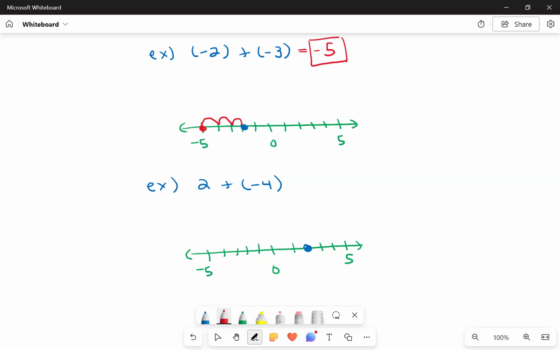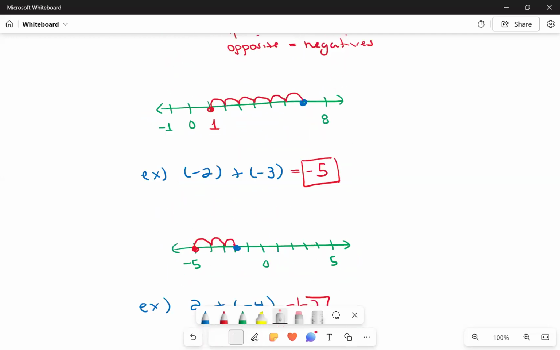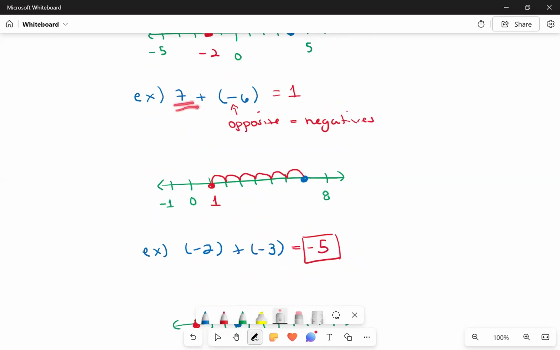So I'm going to go left 4: 1, 2, 3, 4. And that lands me at negative 2. So in this example, I had a positive and a negative, and it gave me a negative. So the question is, how do I know that the result is going to come out negative, versus over here when they came out positive? The answer is it depends on which number is bigger.